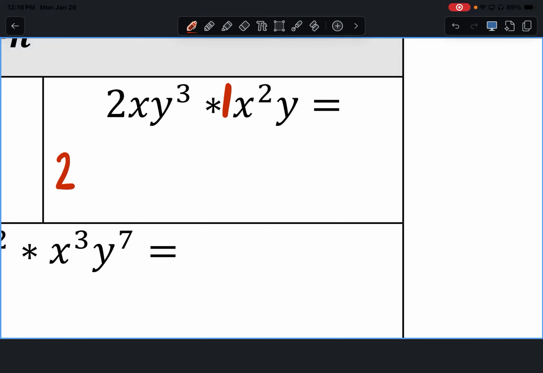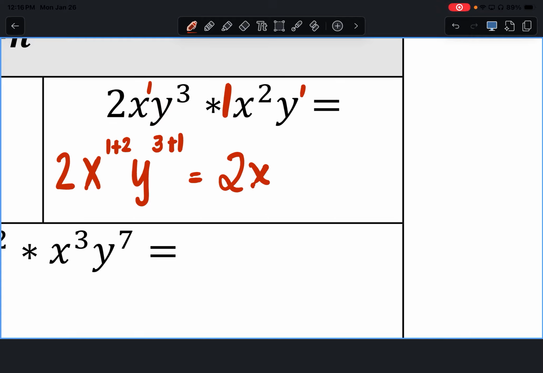Okay, then for x, what is the exponent on this x? 1. If it does not have an exponent, it is understood to be a 1. So that would be 1 plus, what's the exponent over here? So 1 plus 2. And then for y, it would be 3 plus 1. Yep. So we get 2x to the y to the 4th.